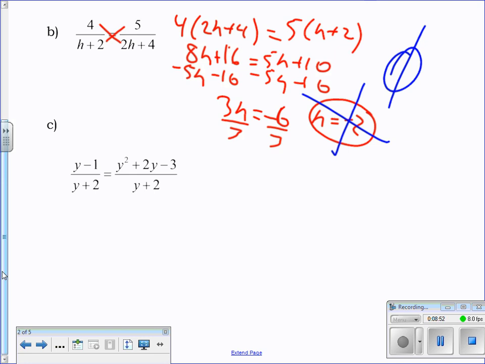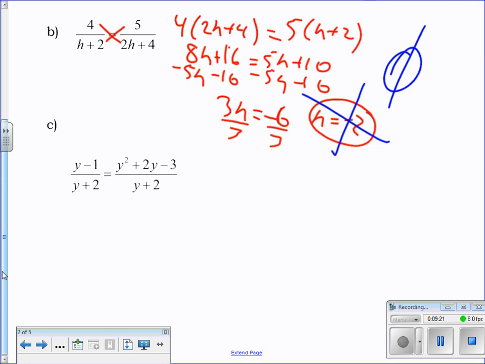If I have two equal fractions and the denominators are equal, what has to be true about the numerators? They also have to be equal. If I have something over 2 equals something over 2, those two somethings in the numerators have to be the same.